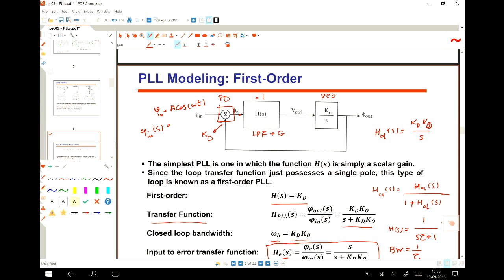Sorry? AS over S square plus omega square. Laplace transform, yeah. So the Laplace transform of phi, not V. Laplace transform of the phase of this. I mean the Laplace transform of t itself. S squared, yes. Beautiful. Thank you very much.